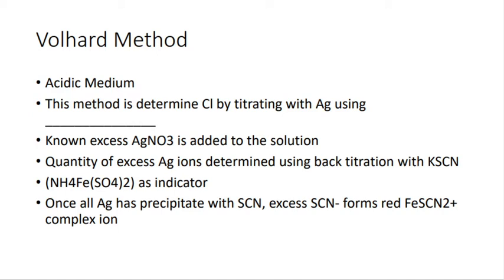The precipitate is isolated and the excess silver is titrated with standard thiocyanate solution in the presence of ferric ion, Fe3+. After all the silver has been consumed, the thiocyanate reacts with ferric to form a red complex. Ito na yon, yung ferric thiocyanate. Red complex yung mabubuo kay Volhard method.